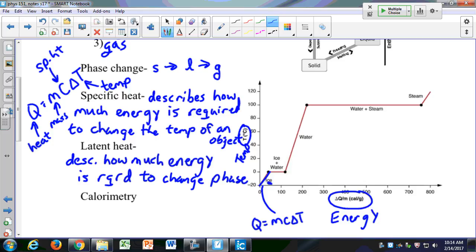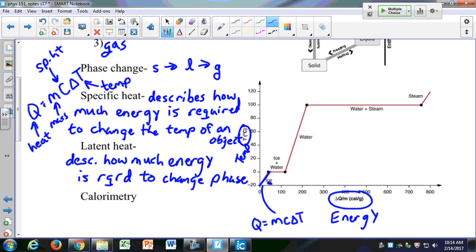And then I get water at 100 degrees Celsius. It's at the boiling point, but it's still a liquid. But I have to put in all this energy, which we call the latent heat of vaporization, to change the water to steam or to a vapor.